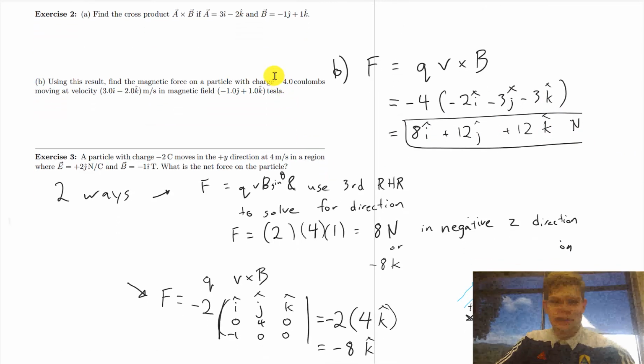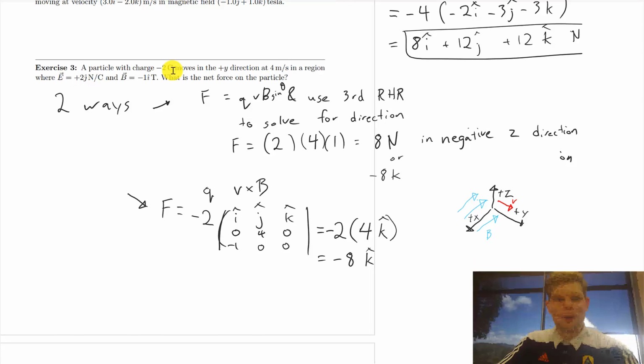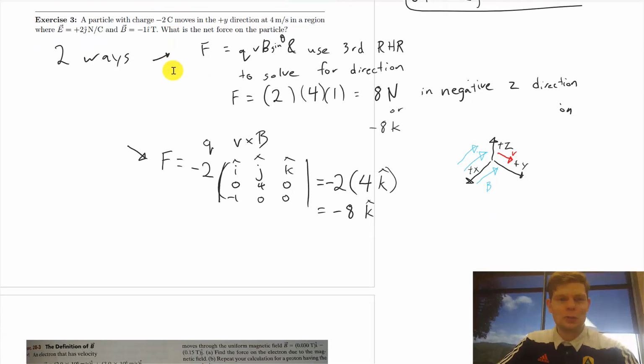Hopefully that helped. I was hoping you'd be able to get this guy. Some of the other ones are much more brutal, but that was not terrible. Next guy, we got a particle with charge -2 coulombs moves in the plus y direction at 4 meters per second in a region where the electric, I didn't even finish this, where the electric field is +2 newtons per coulomb and B equals -1 Tesla in the x direction.